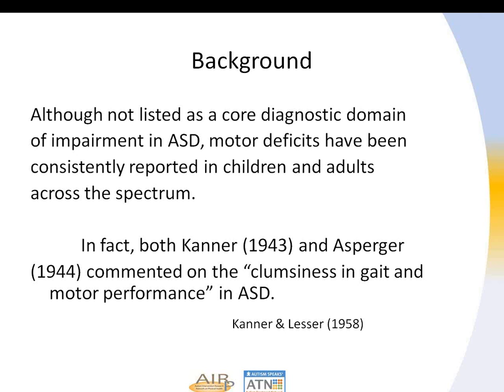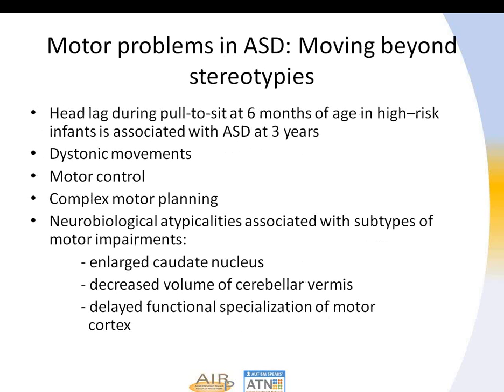The motor component is something that both Kanner and Asperger have commented on way back in 1943, 1944, and something that we as investigators and clinicians have observed consistently in working with this population, both in kids and in adults.